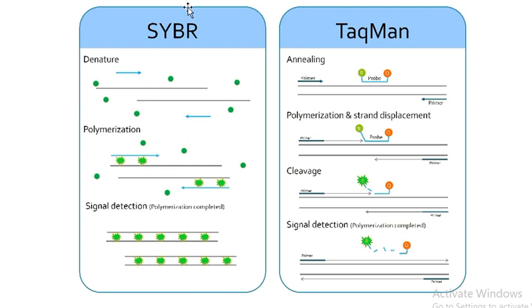So here we have SYBR, or cyber PCR we say, and the TaqMan PCR. In the SYBR PCR, basically you see here we used a green kind of fluorescence. What happens is, once the denaturation of our DNA happens, at this time our fluorochromes will not be binding to it.